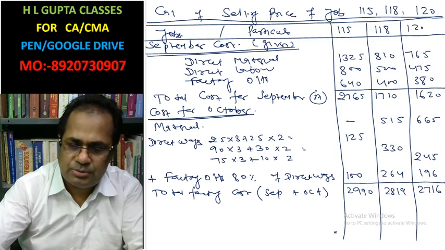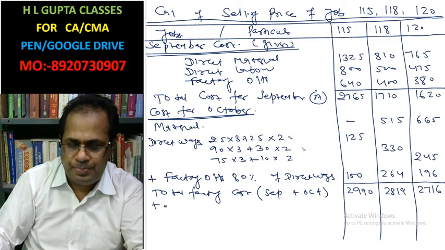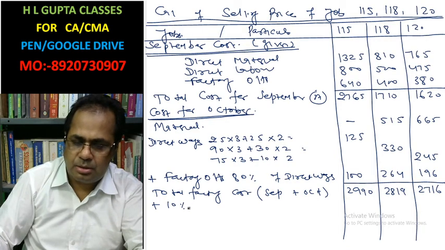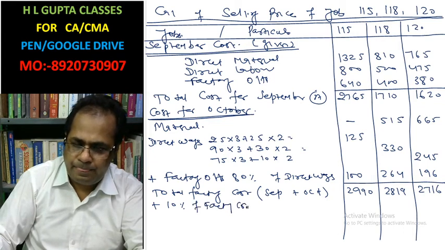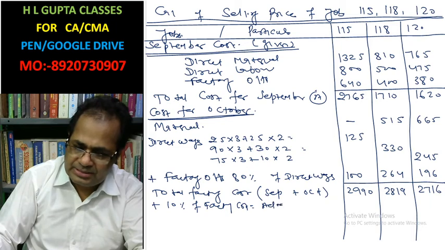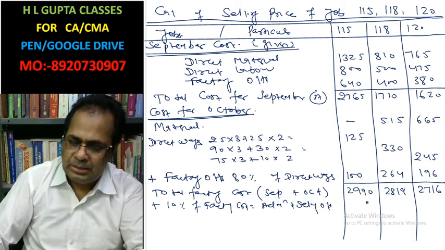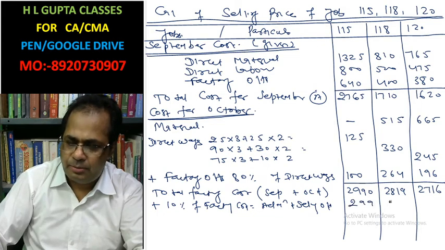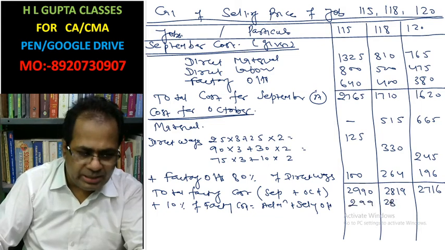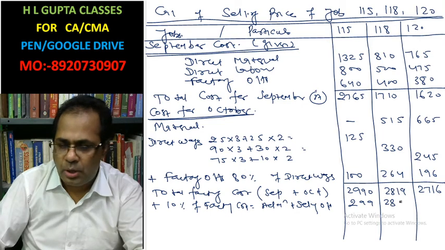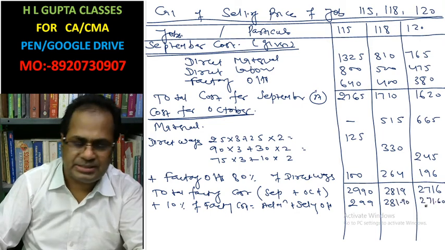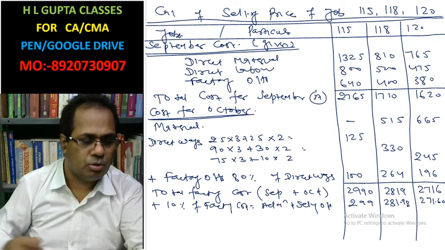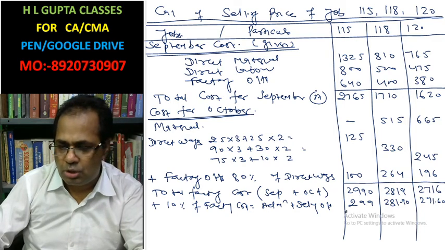In this case you add 10% of factory cost, that is administration plus selling overhead. This is 299, 282.8, 271.60.